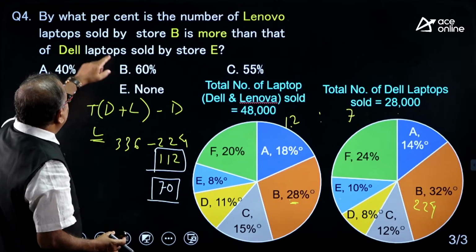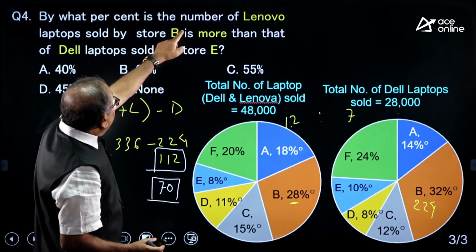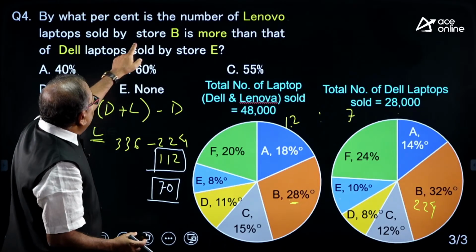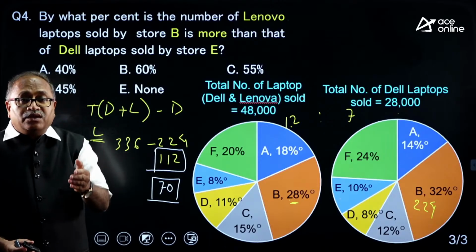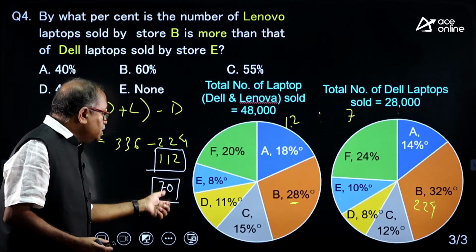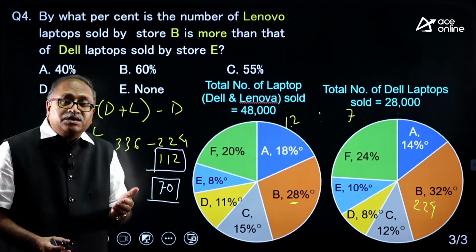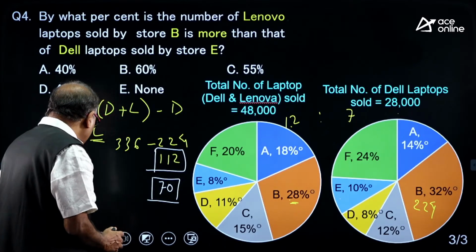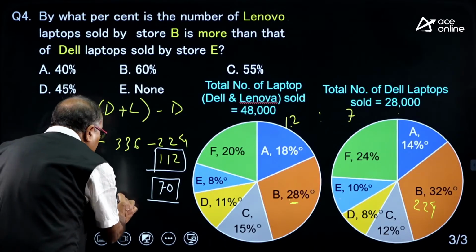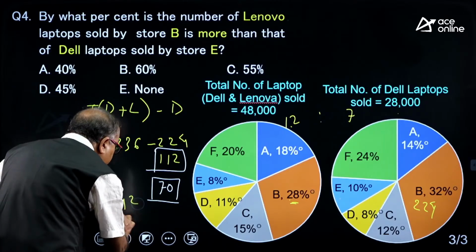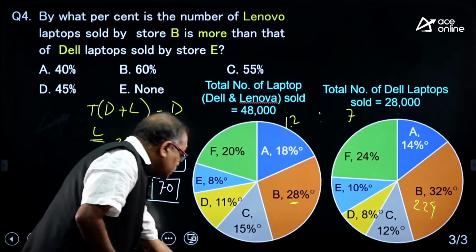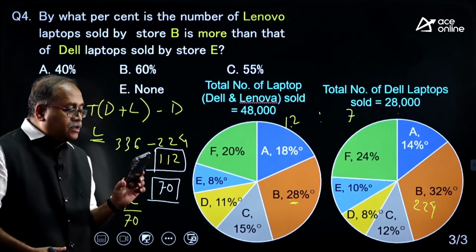You are asked by what percentage the first one is more than the second one. So, is the first one more than the second one? Yes, it is more. By how much more? 42 more. So I need to find out what percentage of 70 that 42 is. Has anyone answered it?